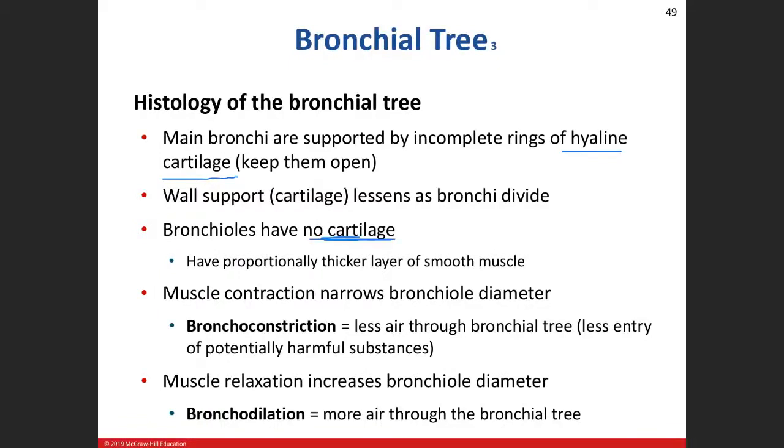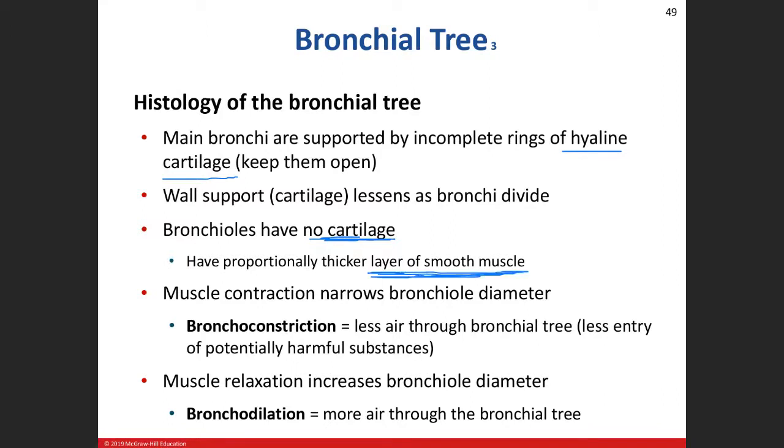But here's the thing. We lose the cartilage, whose job is to keep the airways patent so they don't collapse. As a trade-off for losing the cartilage in our bronchioles, we start to see a thicker layer of smooth muscle. It becomes proportionally larger.